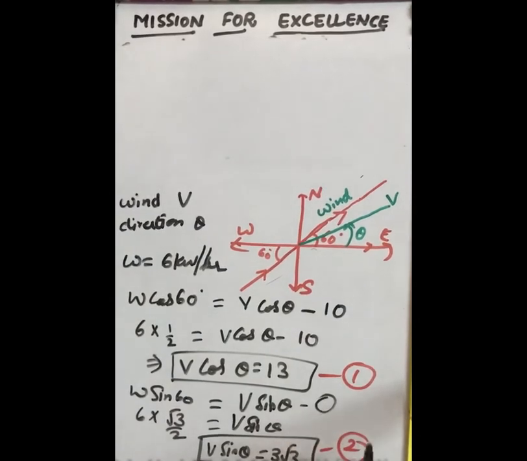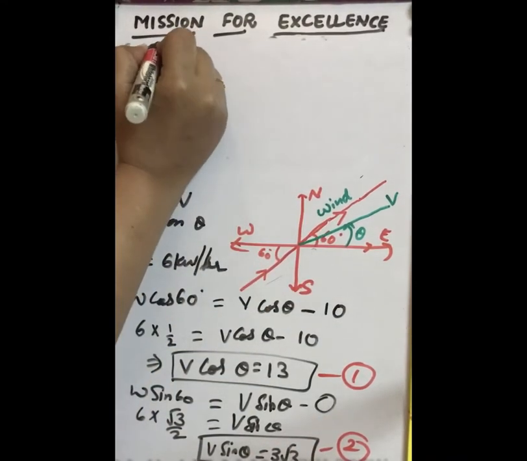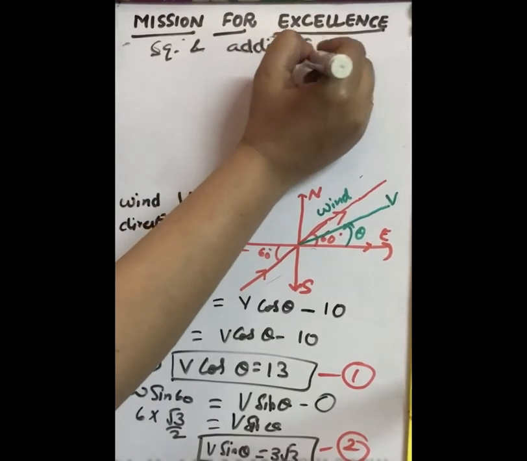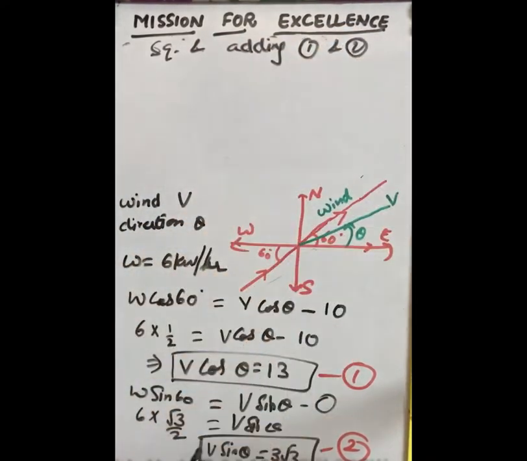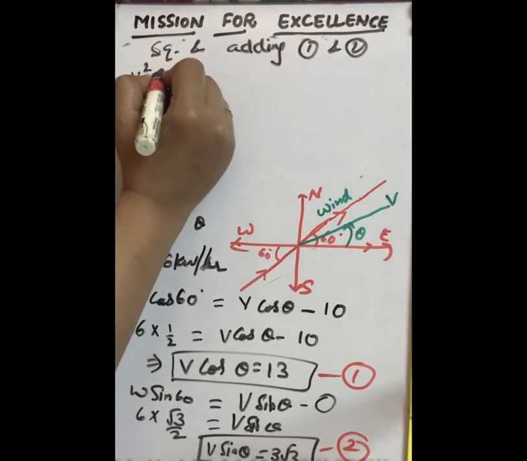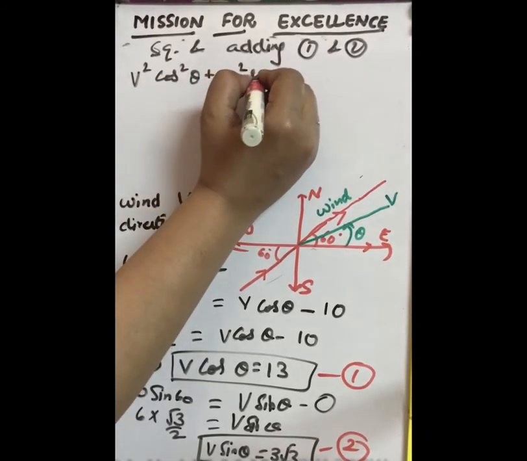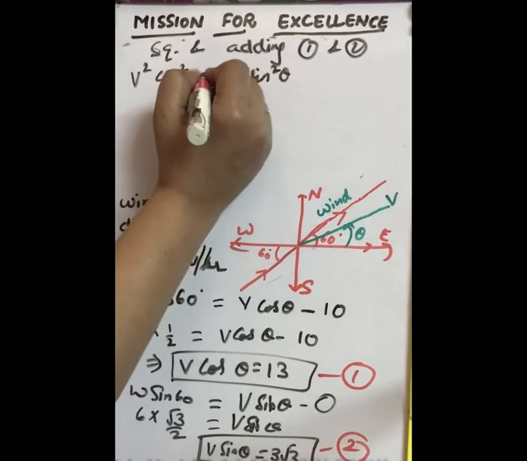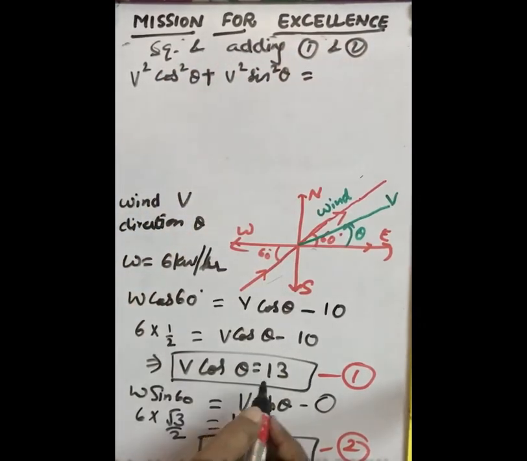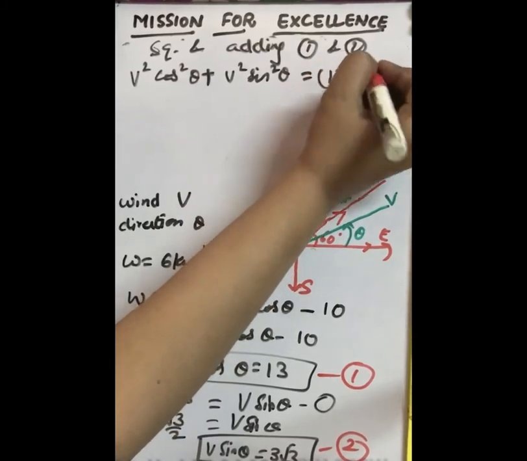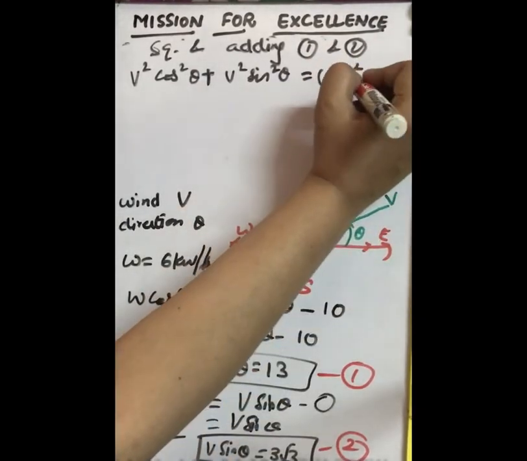Squaring and adding equation 1 and 2, we get v square cos square theta plus v square sin square theta equal to 13 square plus 3 root 3 square.